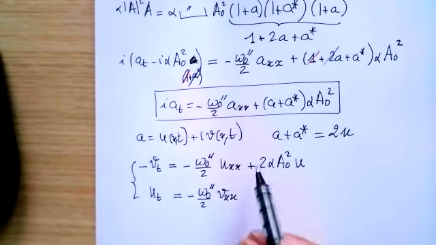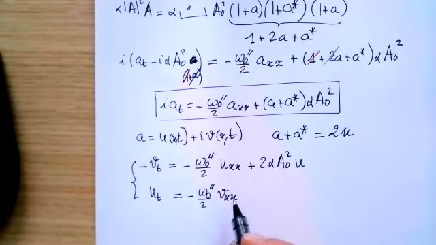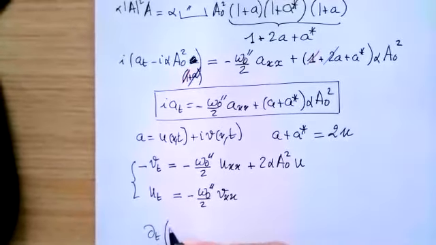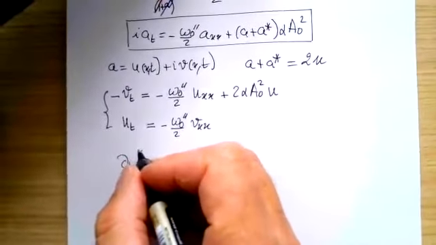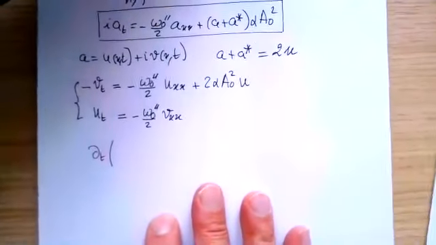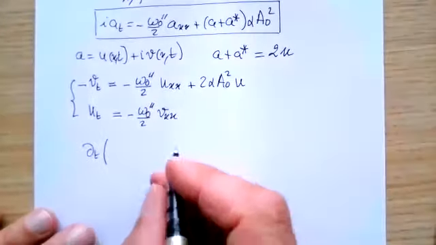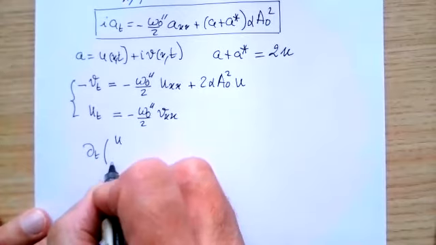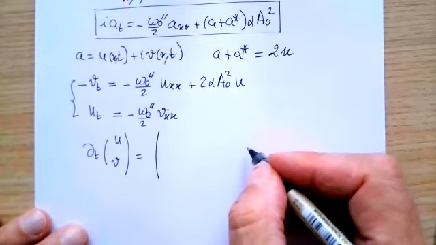So these two coupled linear equations can be written in a single matrix form as the time derivative of (u, v) equals a matrix, which is an operator, times (u, v).